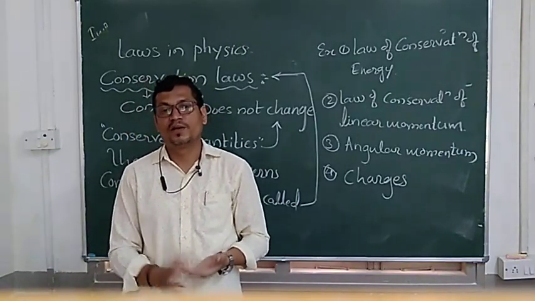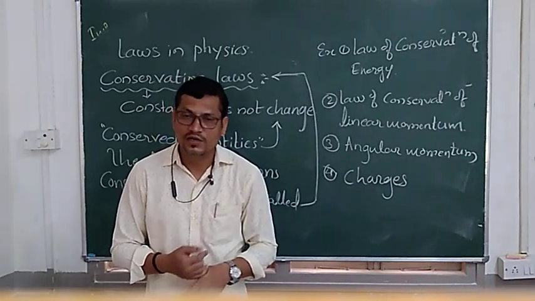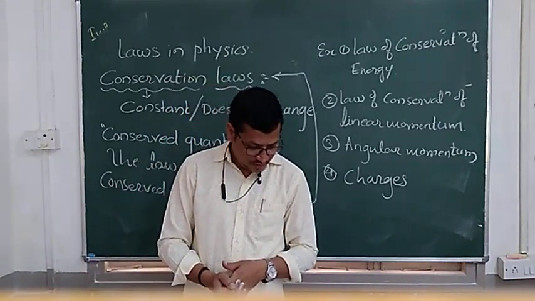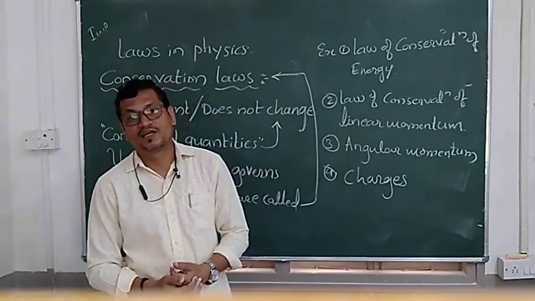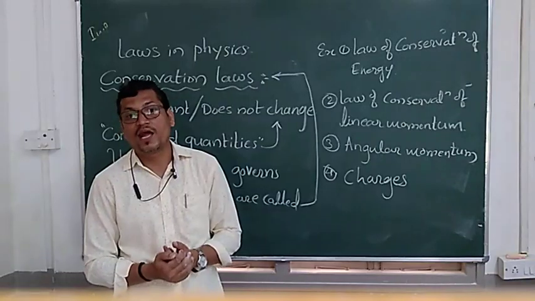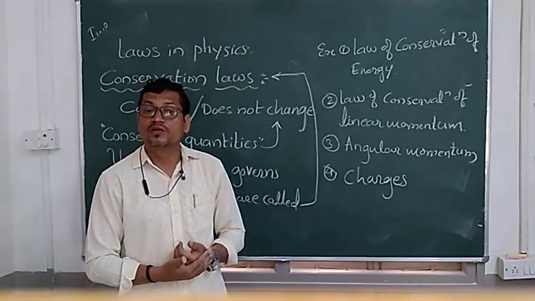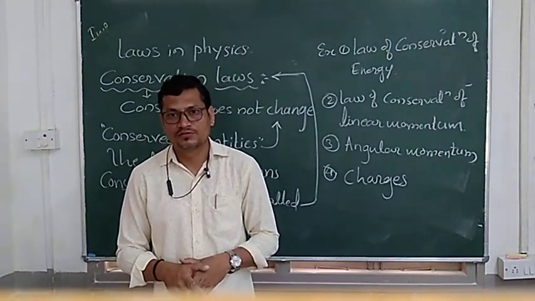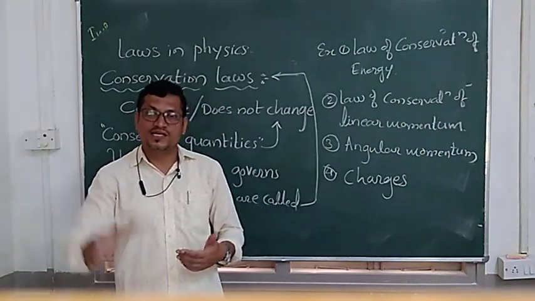Who discovered Raman effect? Then you write C.V. Raman discovered Raman effect. Who discovered electric current? In that case you write Ampere. Who discovered electric motor? Then you write Michael Faraday. Like this many scientists will come.